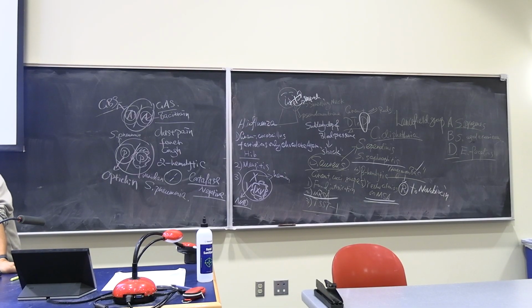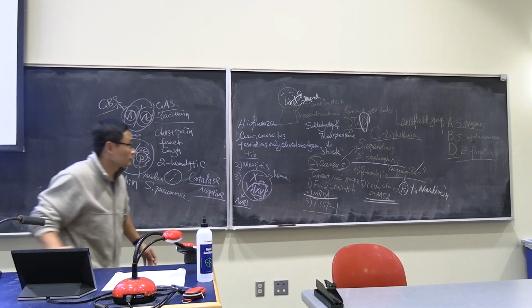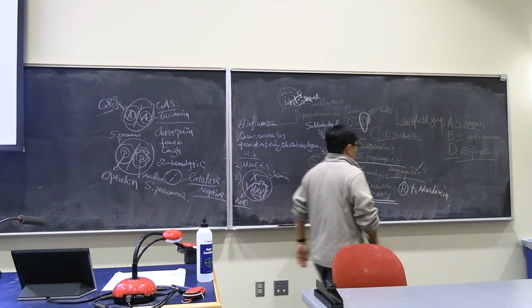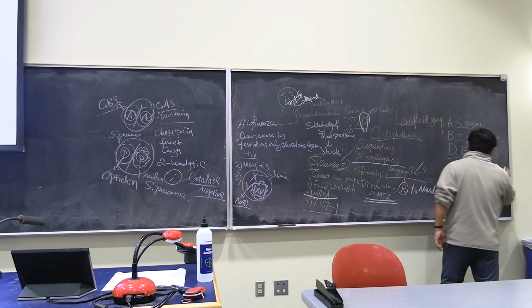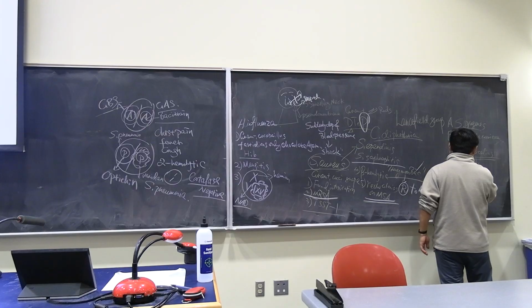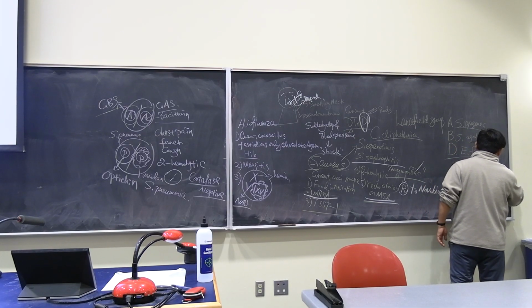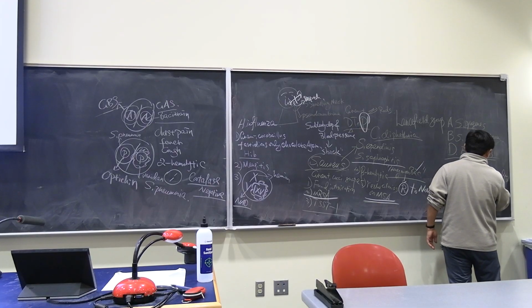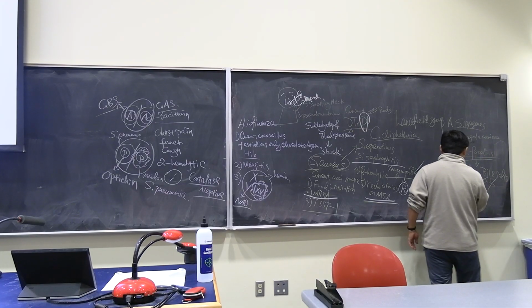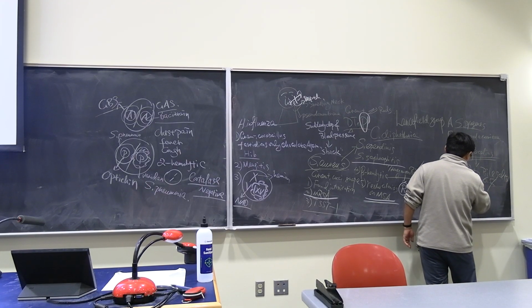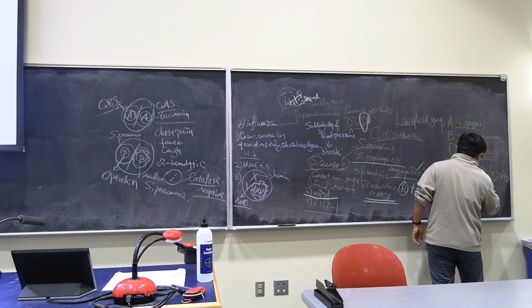Can grow on bile esculin agar and hydrolyze the carbohydrate esculin. Which is that? Enterococcus faecalis. Remember, this is resistant to bile salts, 6.5% salt. Grows on bile esculin agar.